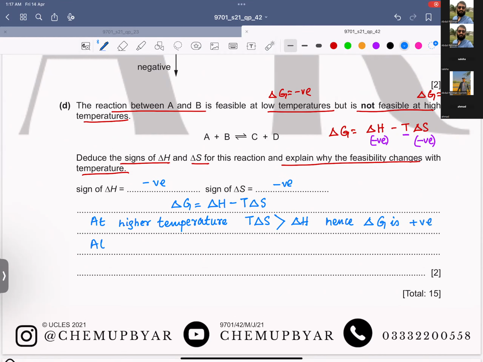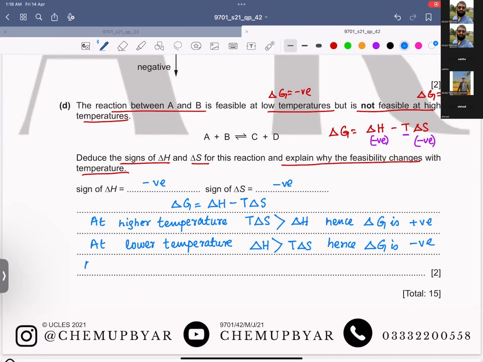And then at lower temperature, delta H is greater than T delta S. Hence, delta G is negative.